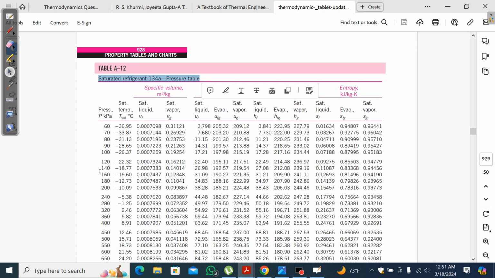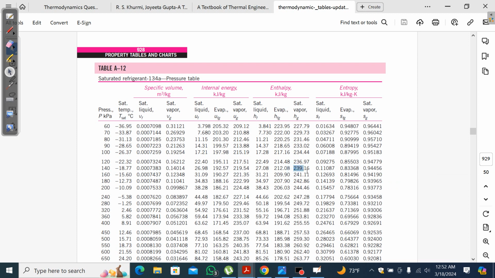Our pressure is here, 140 kilopascal. So this is the line. From here we have to find the vapor enthalpy.